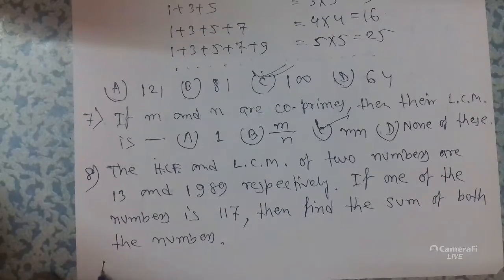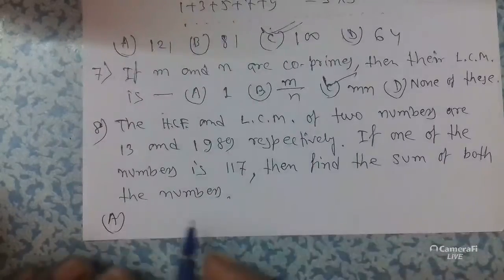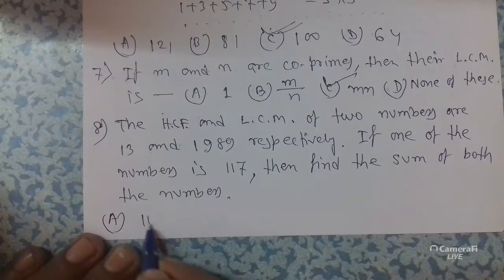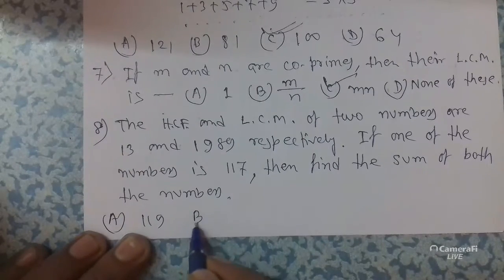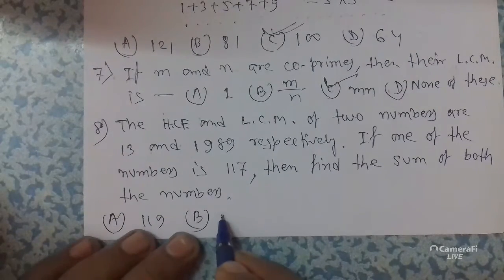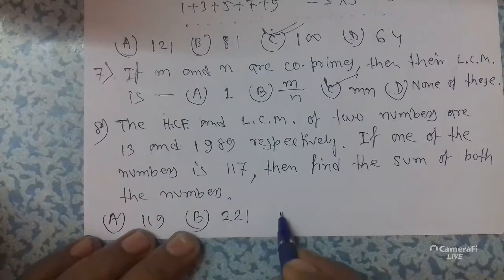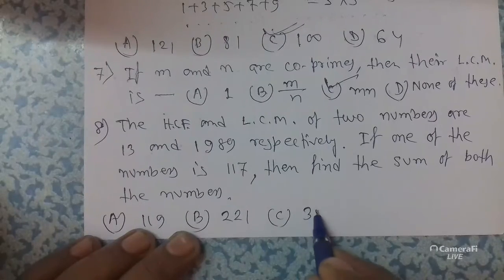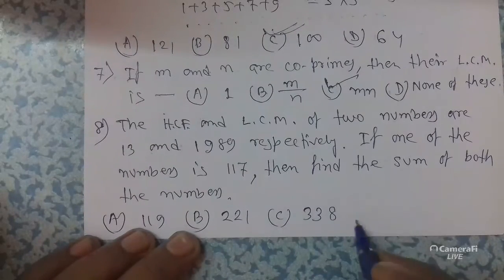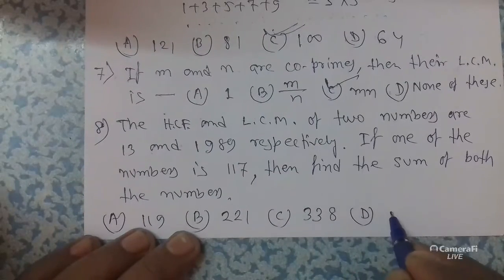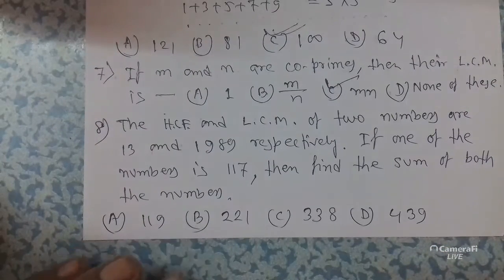The options are, option A is 119, option B is 221, option C is 338, and option D is 439. Okay.